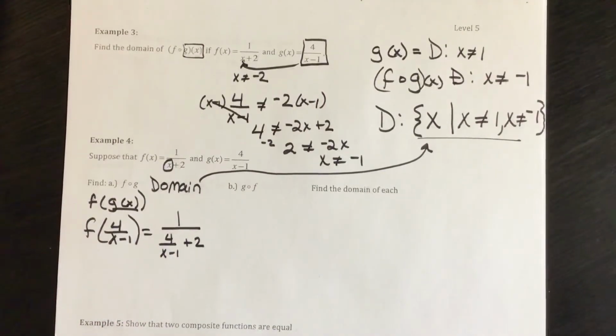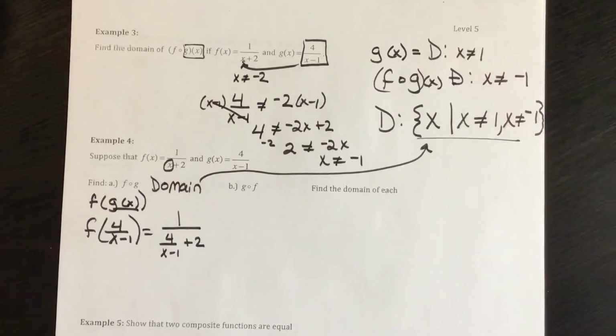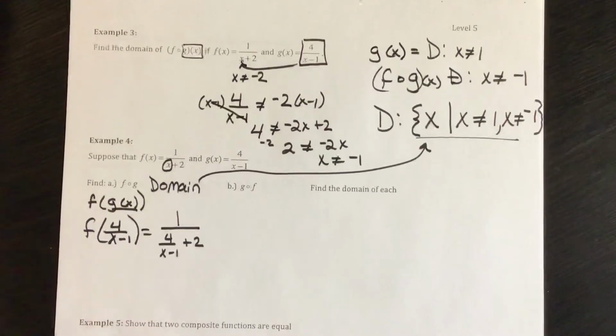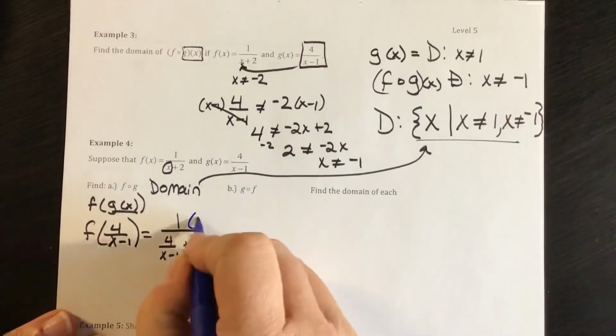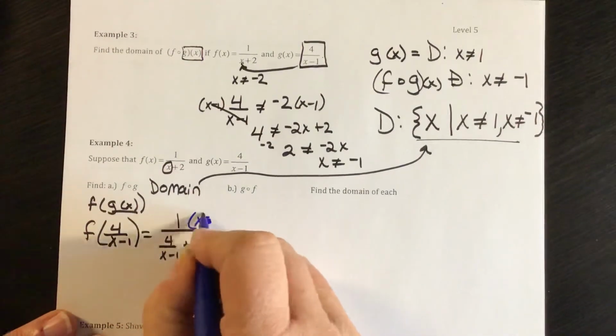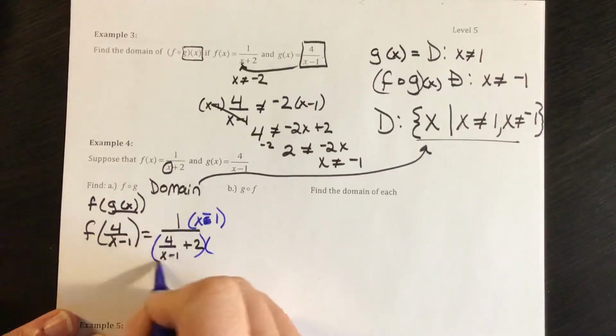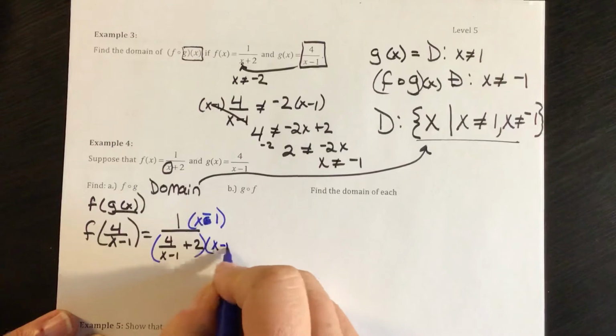All right, so what I need to do here is multiply my numerator and my denominator by this common denominator right here. So I multiply this by x minus 1, and I multiply all of this by x minus 1.